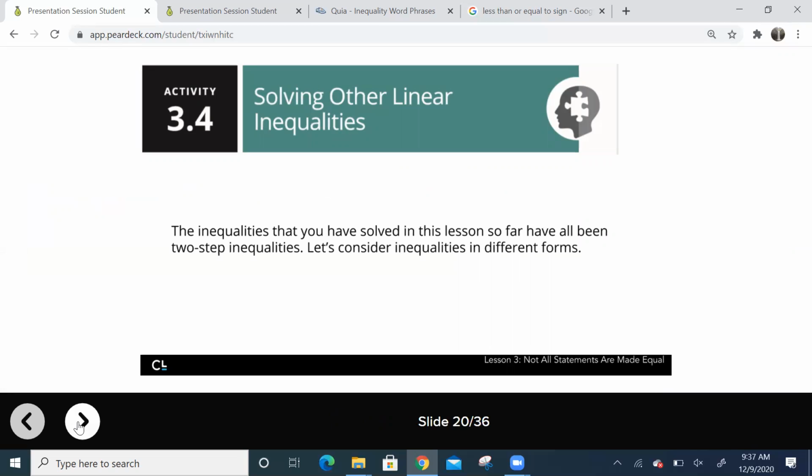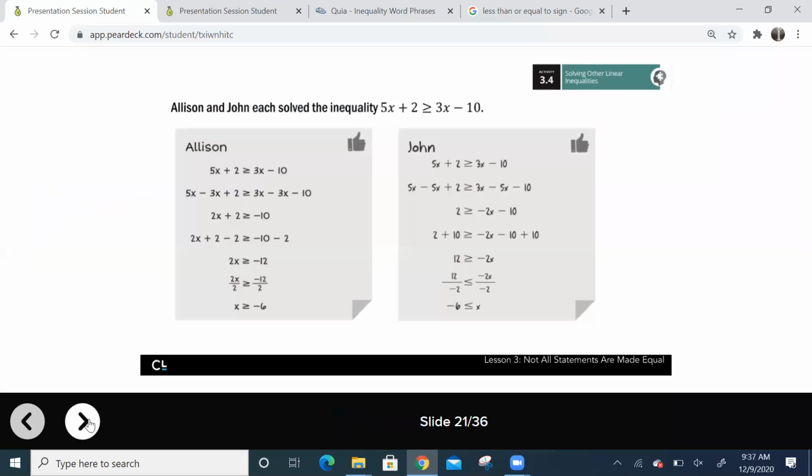Okay, so the inequalities that you have solved in this lesson so far have all been two-step inequalities. Let's consider inequalities in different forms. Here we have two students, Allison and John. Allison got 5x plus 2 greater than or equal to 3x minus 10.